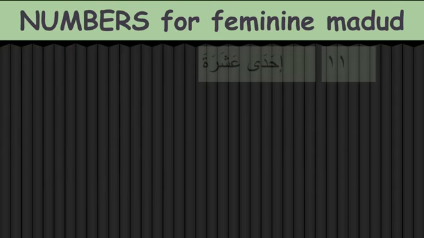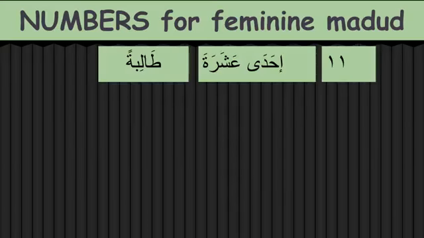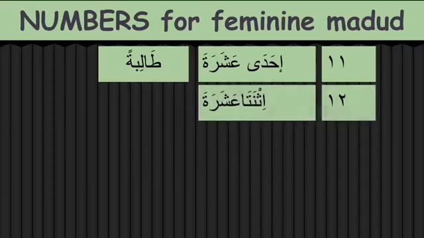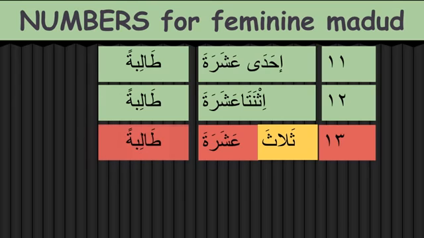Let's give an example. So you say إحدى عشرة طالبة. See, طالبة again is a تمييز, singular indefinite منصوب noun, from 11 to 20, what we are learning today. So إثنتا عشرة طالبة. So when we reach 13, things change. ثلاث عشرة طالبة.